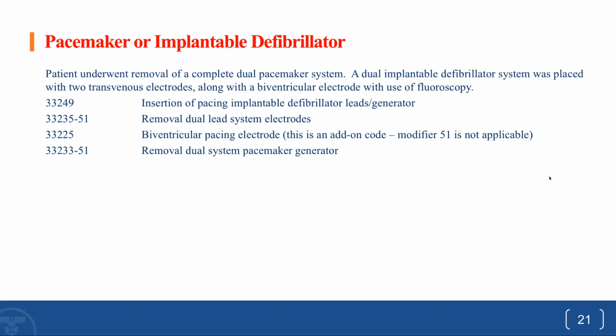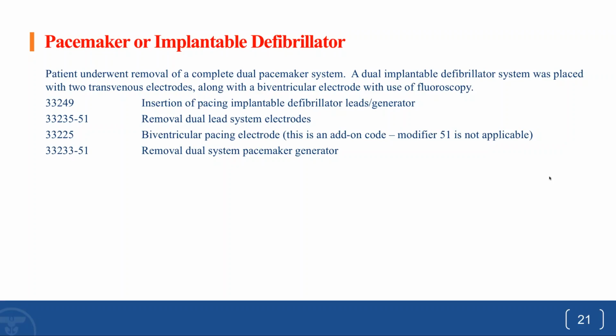And what did they insert? They inserted your defibrillator, the pacing defibrillator. And it's telling you that's either for the leads or the generator, right? So that's where you get your 33249.